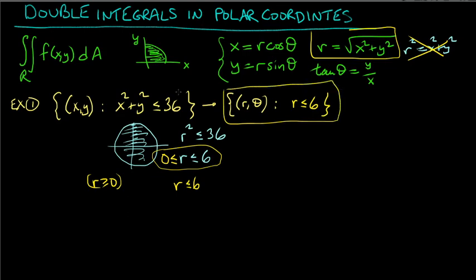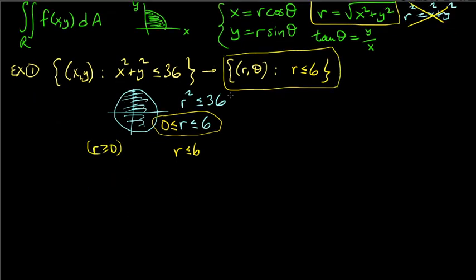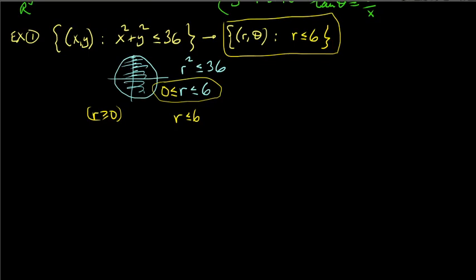So a disk centered at the origin, pretty easy, right? What about a disk that's not centered at the origin? So suppose we have this set of points x, y in the xy plane such that, let's say, x squared plus y minus 3 squared is less than or equal to 9.